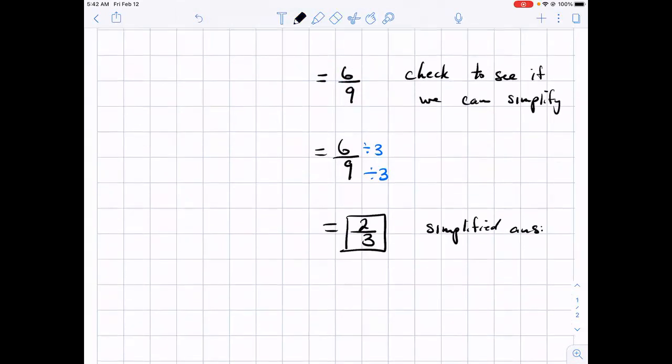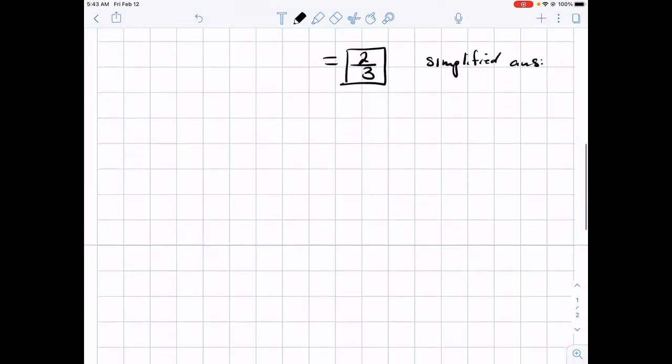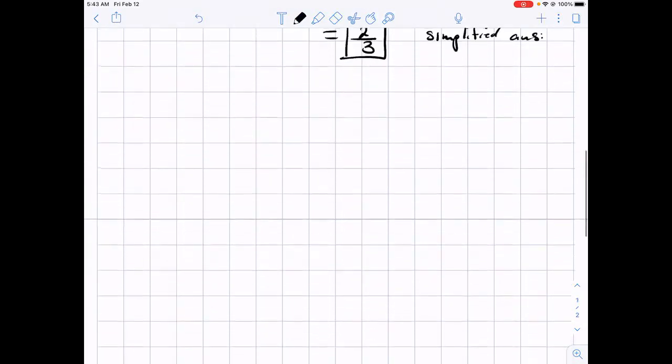So the whole idea is that once we have the same denominator, then we just add or subtract. Now, if we look at a different example, if I say to add, I have x divided by x squared minus 1 plus 1 over x squared minus 1.